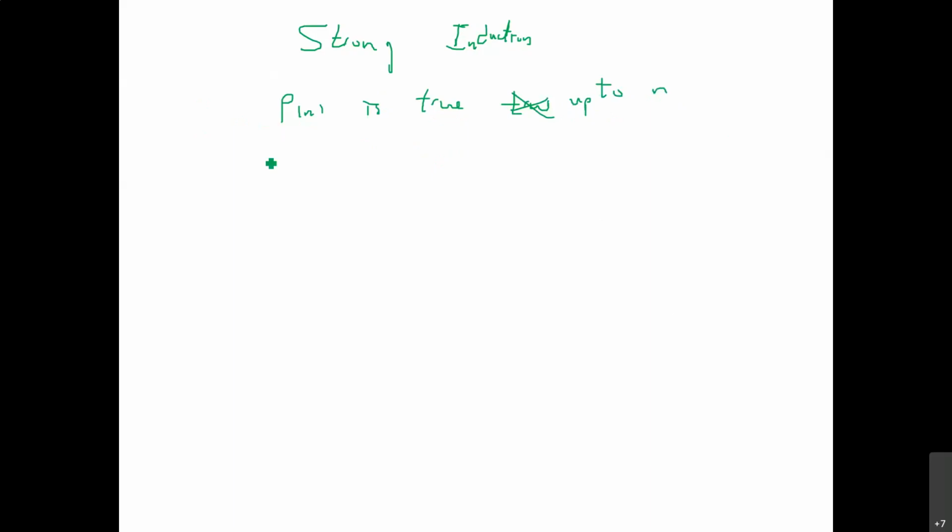So everything between 12, because remember it's for x greater than or equal to 12, and n, then P of k is going to be true.